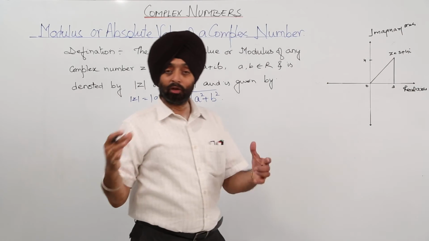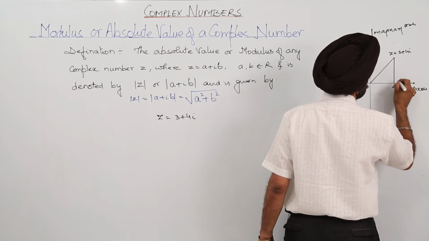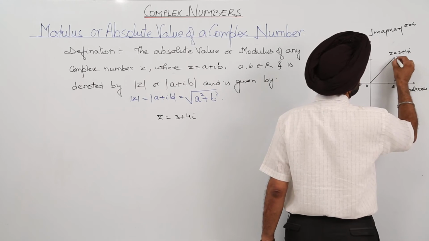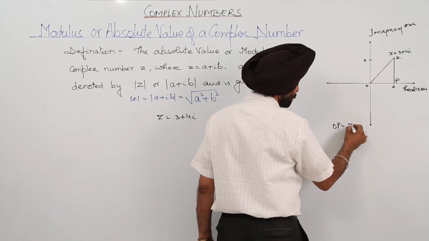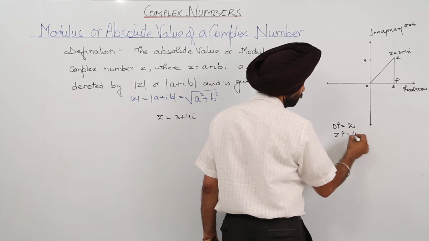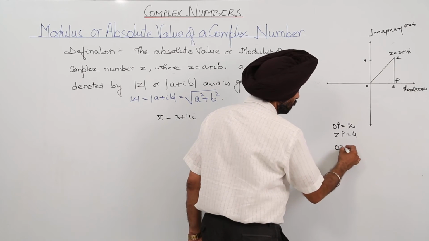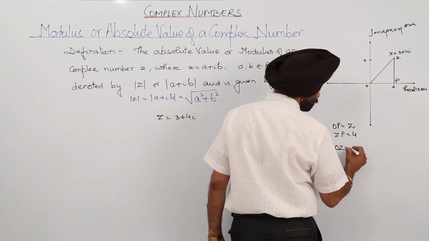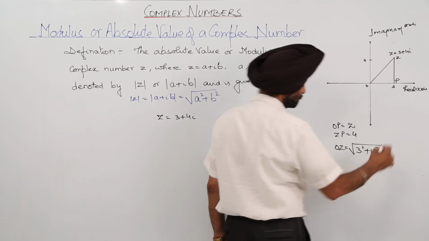Now in the graphical part, the geometrical representation, we can just say, suppose this point is P and this point is Z. So we know now that OP is equal to 3 and ZP is equal to 4. Then what will OZ be? Using Pythagoras theorem, OZ is square root of 3 square plus 4 square.